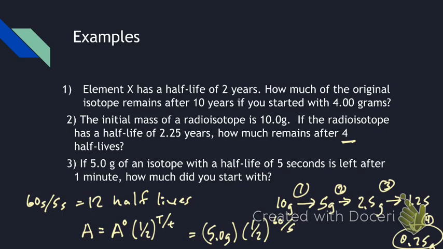So if I solve this, it looks like it's going to be 0.00122 grams after 12 half-lives. But if you don't want to, you could just take your calculator and go 5 divided by 2, that's 2.5, divided by 2, that's another, and you'd have to do that 12 times. And you get the same answer. So it's up to you how you want to approach these problems.